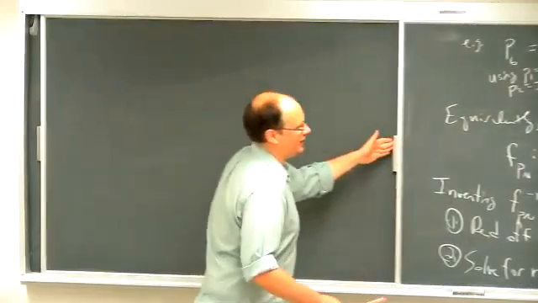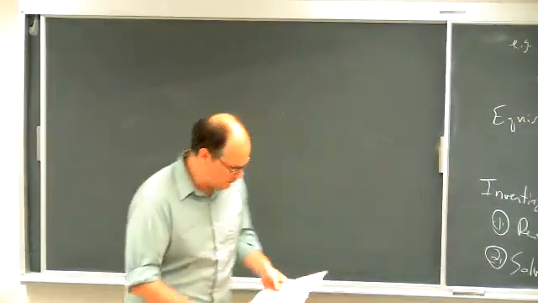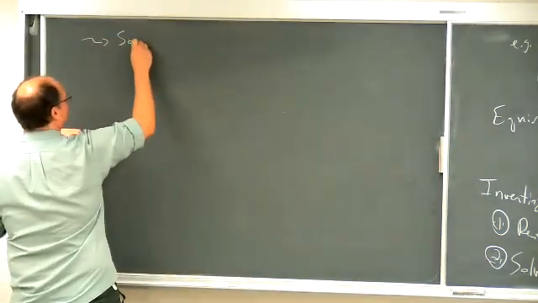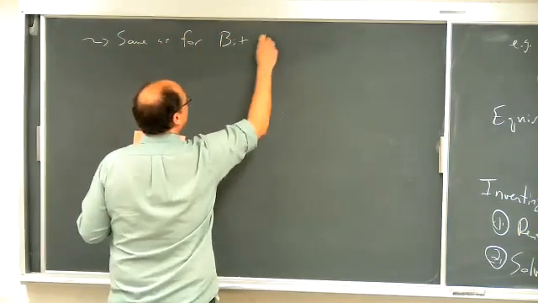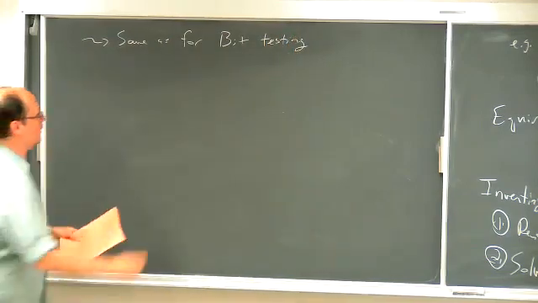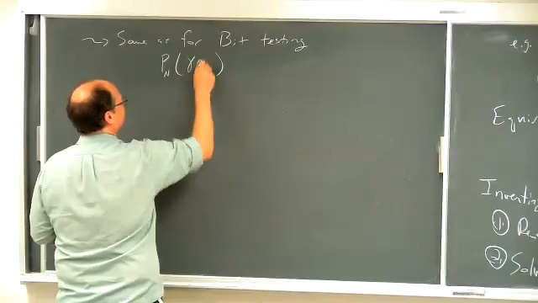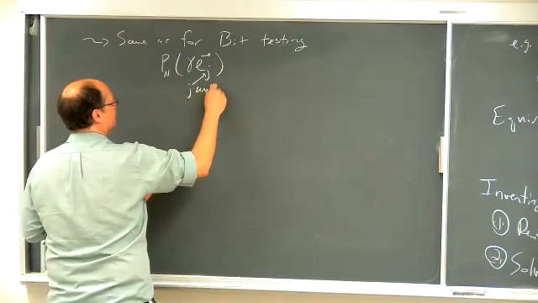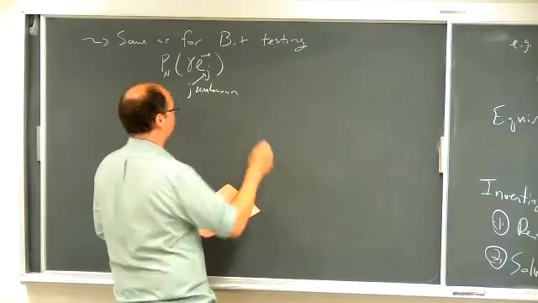And then you can generalize to the noisy setting where you don't have an exact. So let me just say this. Same as for bit testing, we're going to have the nice situation where if I have an exactly one sparse vector that looks like this, I can solve things exactly the same way.